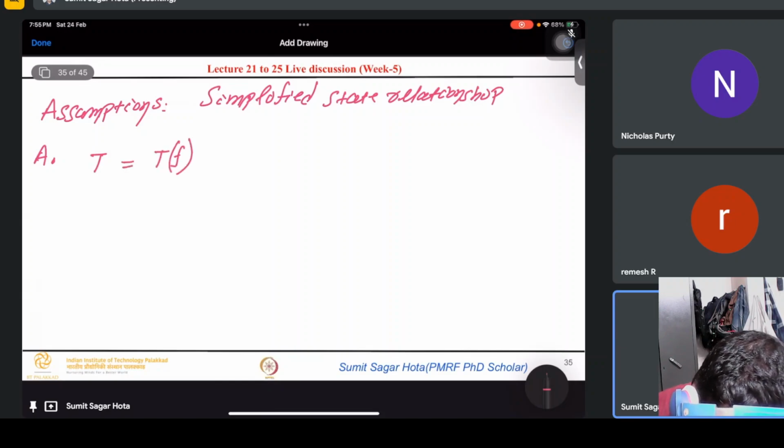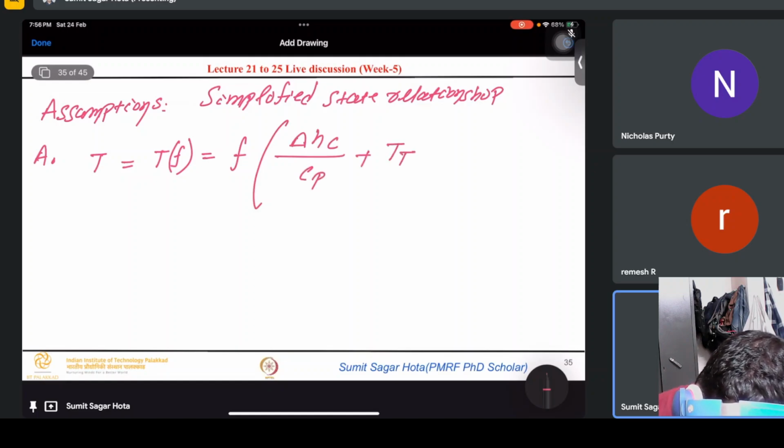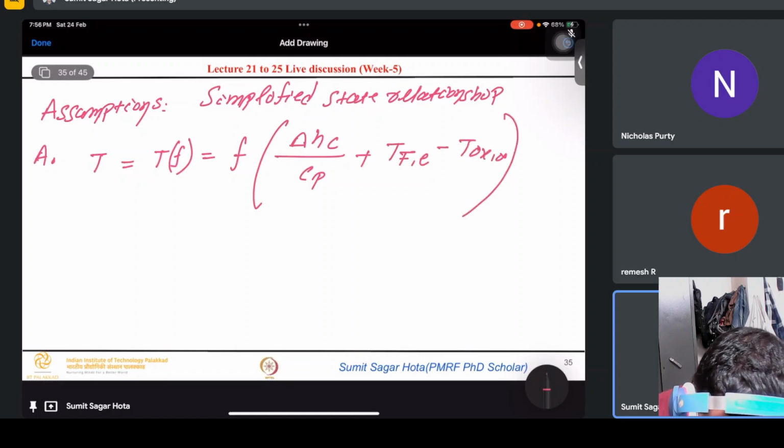As a function of f, we have T as a function of f equal to f delta H by Cp plus T of the oxidizer at infinity.